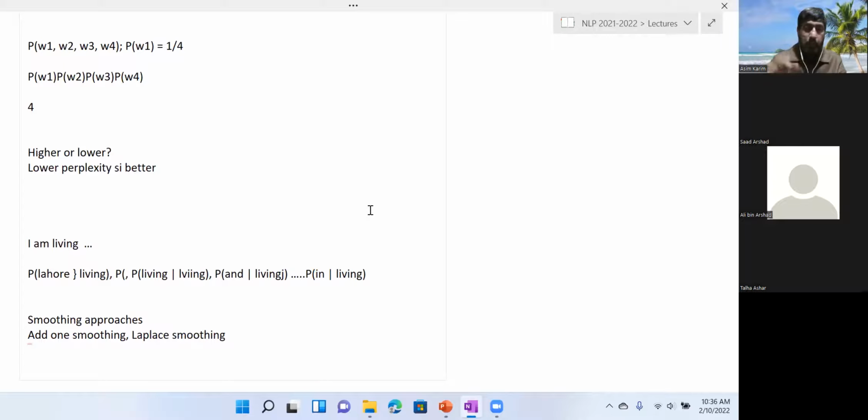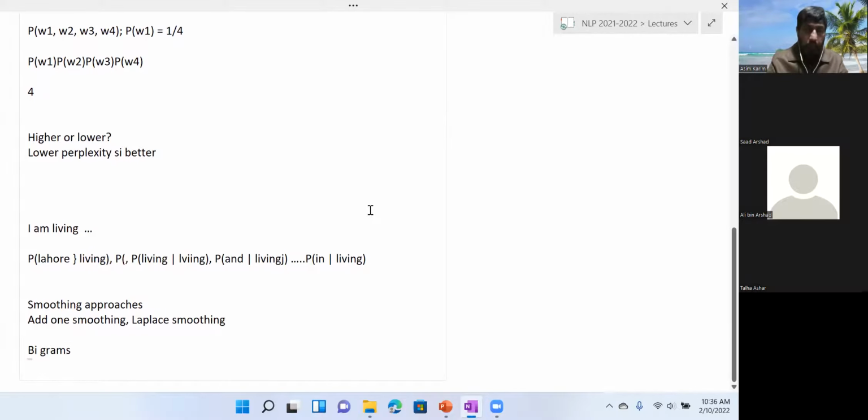So if a word occurs 0 times, we'll have at least one of that. And when I say word, it means in general whatever the unit, the n-gram that you're interested in. If it is bigram, then it's bigram. If it's trigram, then it's trigram. So let's say we are talking about bigrams.